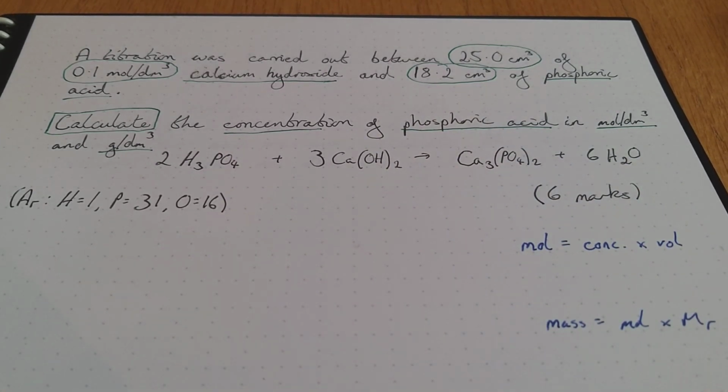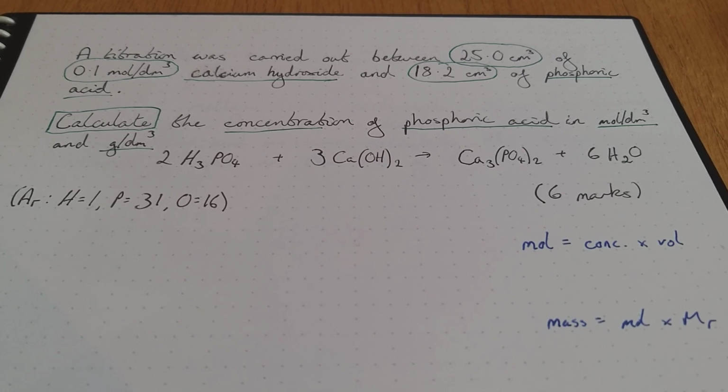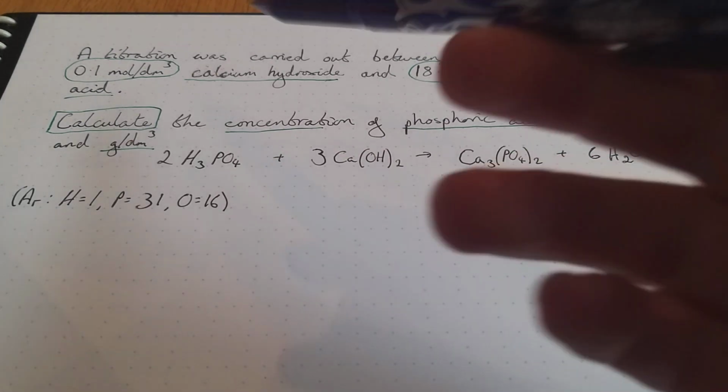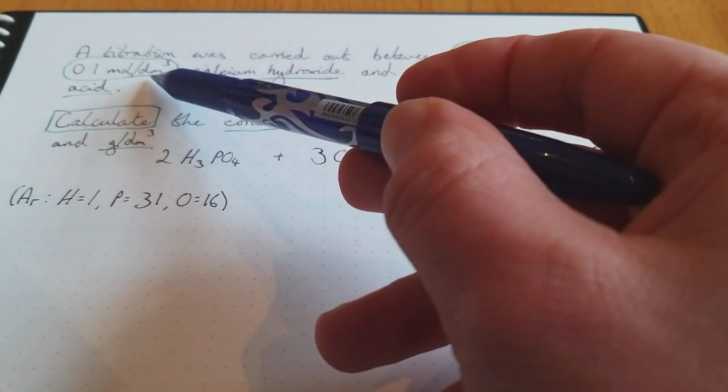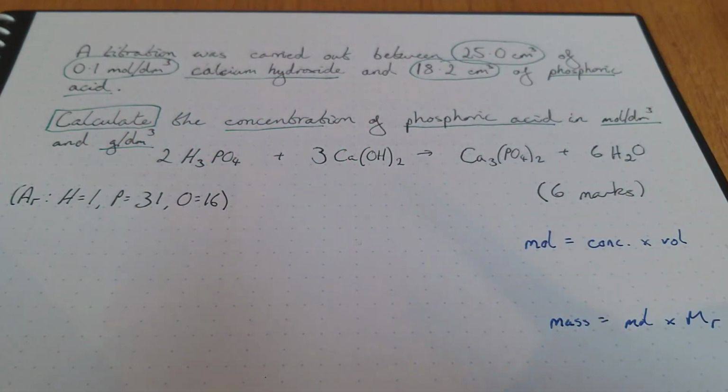The first step that I always recommend when doing titration calculations is getting out the way the conversion of the unit. So we've got two volumes here. We've got the volume of calcium hydroxide and we've got the volume of phosphoric acid. So let's get those into decimeters cubed to start off with, because after all, the unit for concentration is per dm cubed, per decimeter cubed.